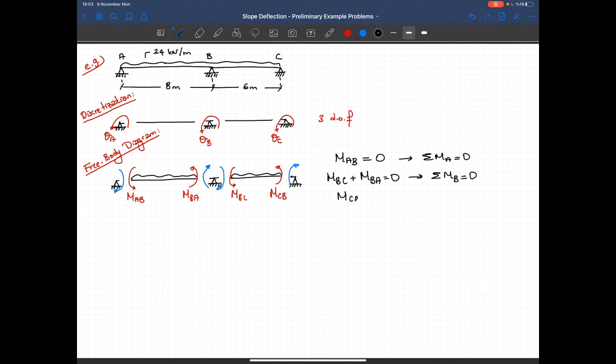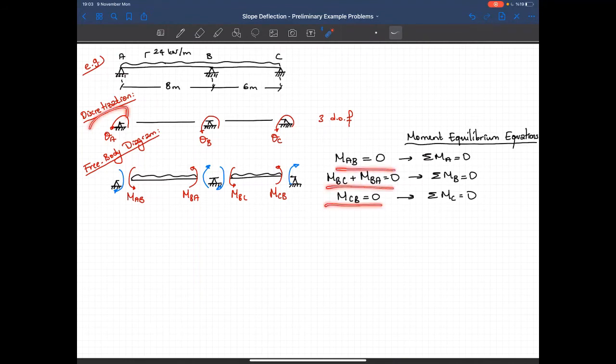And MCB is equal to 0. Again, as you see, I have the moment equilibrium equations, and those moment equilibrium equations give me these 3.